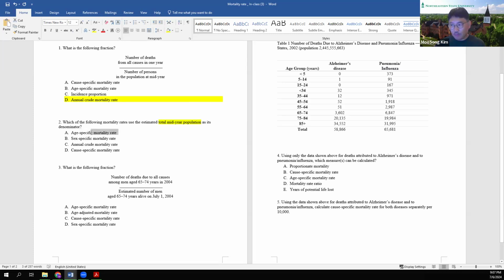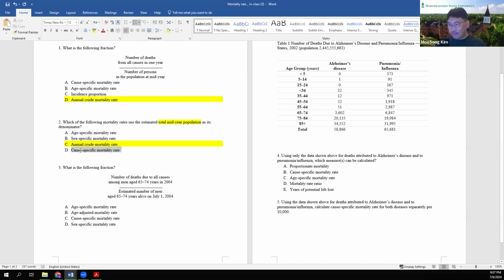So age-specific mortality rate is not correct. Sex-specific mortality rate, we didn't talk about this one, but it is kind of the same as age-specific mortality rate. We need to use the total population for a certain gender, total population for females or males. So that is the sex-specific mortality rate. And annual crude mortality rate, yes, it uses the total population.